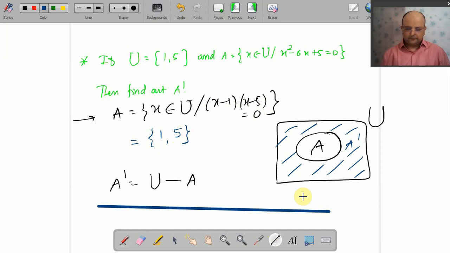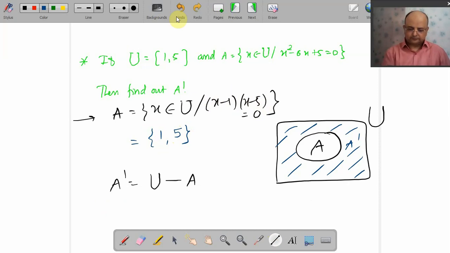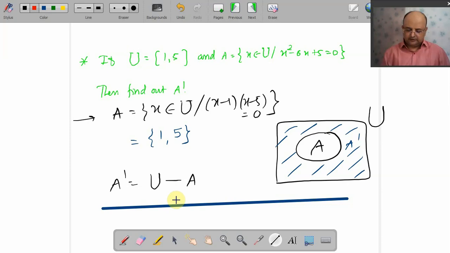Okay, I go for this now. This is my real number system and this is the closed interval [1, 5]. A dash means from U, that is the closed interval [1, 5], we have to remove your A, that is 1 and 5. Precisely I have to remove these 2 points.